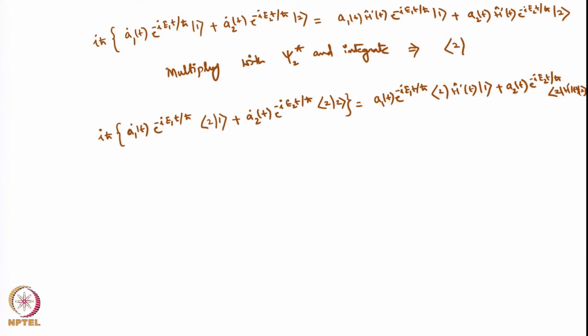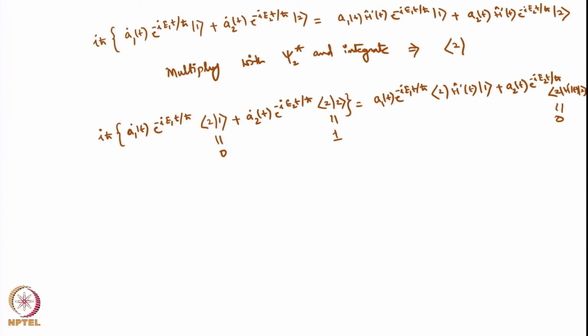Okay. Now we use the same analogy as last time. So the 2 1 overlap integral will go to 0, and 2 2 will be 1. This integral we do not know, we have to evaluate, but once again transitions from 2 to 2 will be equal to 0, so this will go to 0.